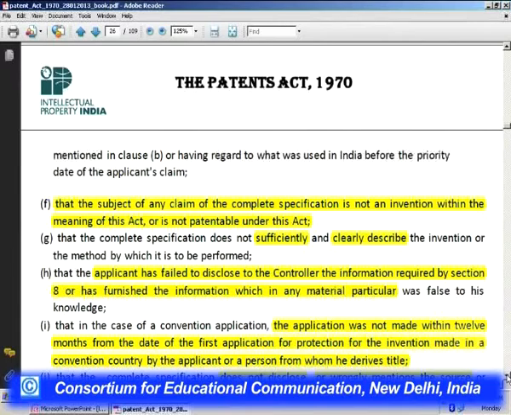Anybody can challenge and anybody can go to the controller for the pre-grant opposition, and the controller, after establishing the fact that he has failed to disclose the information as required and stipulated under section 8 of the Patents Act 1970, can turn down his application and will never grant the patent to the person. Another requirement, friends, is provided under 25(1)(i).